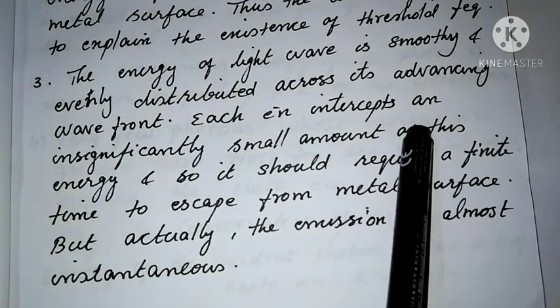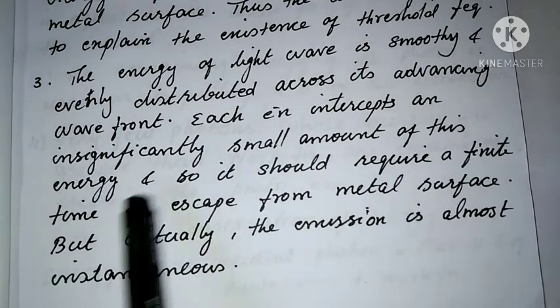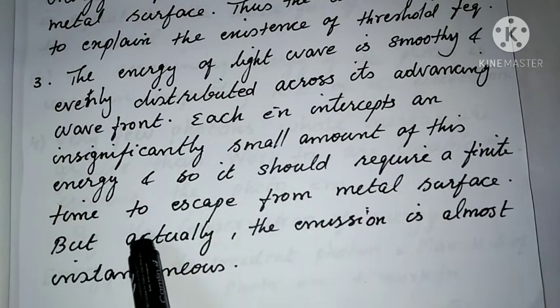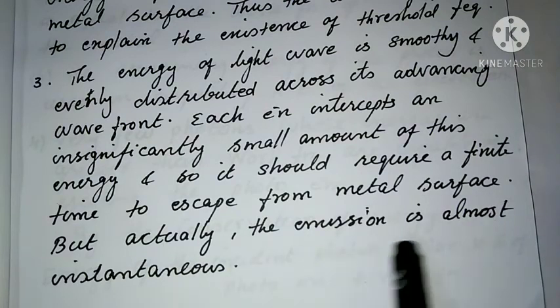Each electron intercepts an insignificantly small amount of this energy, and so it should require a finite time to escape from the metal surface. But actually, the emission is almost instantaneous.